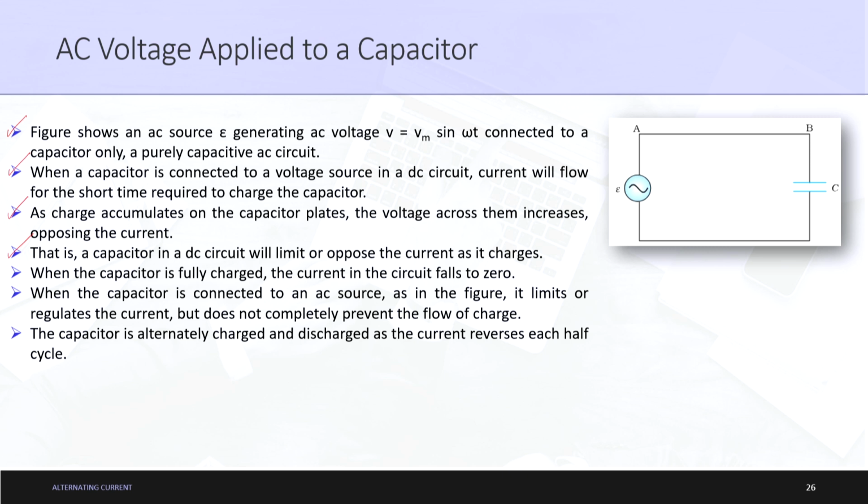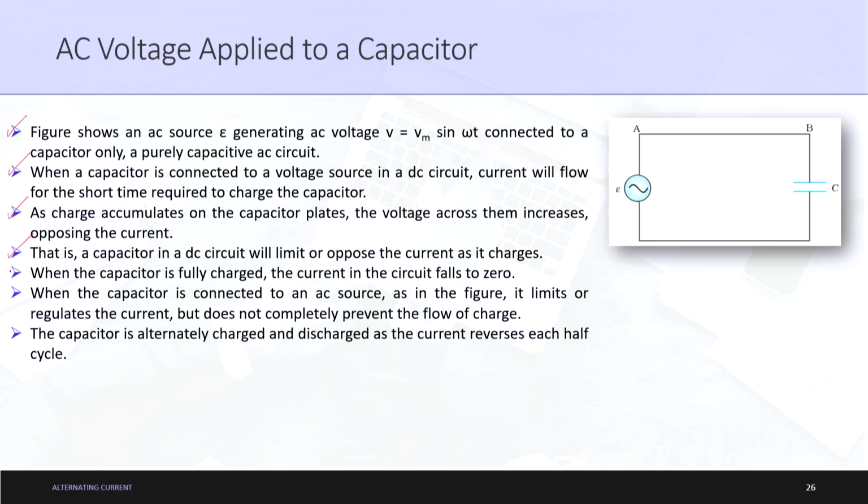So, basically charges keep on accumulating on the two plates of the capacitor, and there exists a point at which the complete charging of the capacitor is done, and therefore no current passes through the circuit further. When the capacitor is fully charged, the current in the circuit falls to 0.